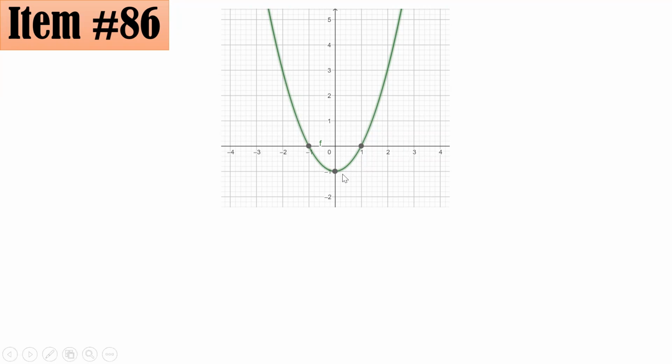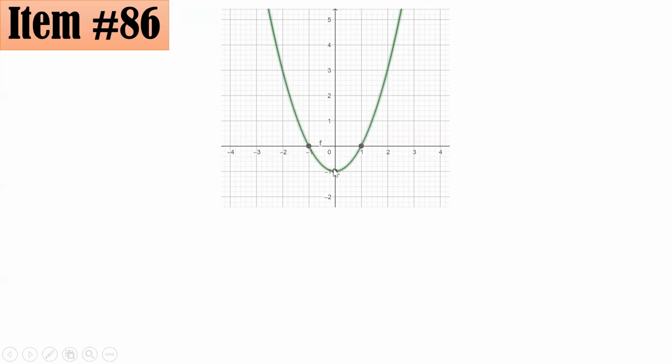And since it's opening upward, no, dahil yung leading coefficient natin ay positive, it follows that this parabola has a minimum point. The vertex is a minimum point. And ano po yung smallest value ng y? Yung smallest value ng y or f of x ay negative 1, di po ba?